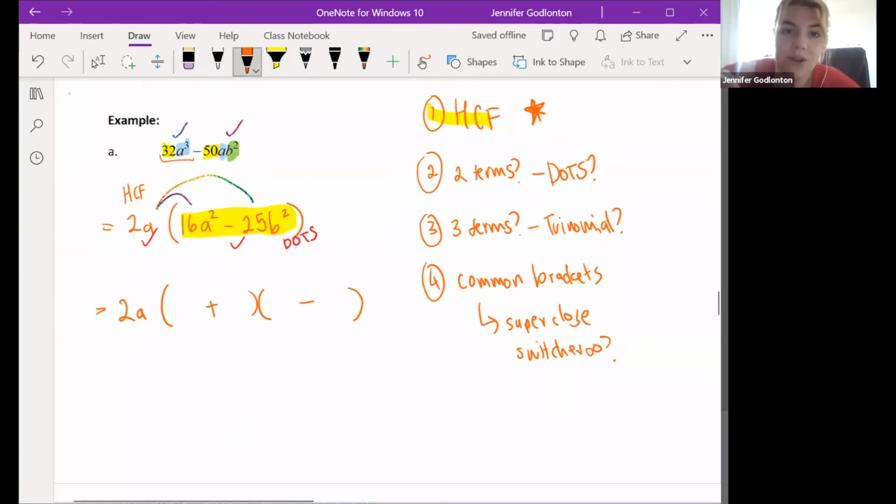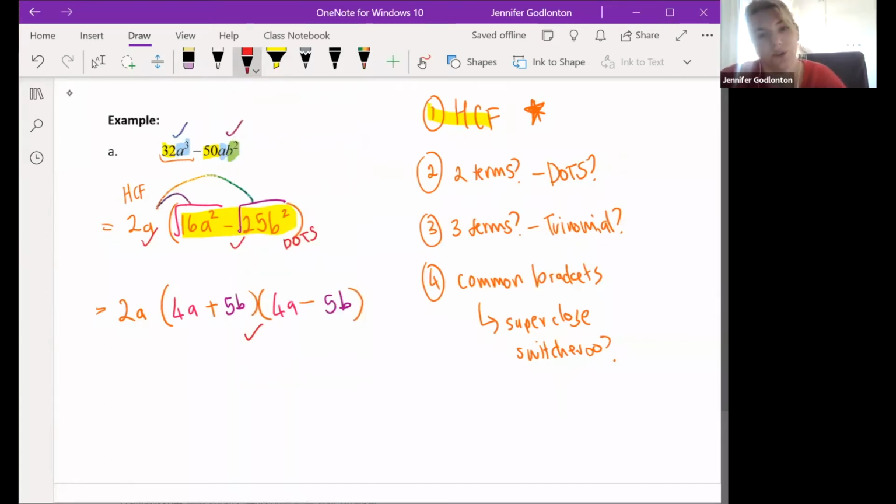We're going to square root our first term. 16a squared square rooted is going to give us 4a. That's going to go at the top of both of those brackets. And then we're going to square root 25b squared, which is going to be 5b. And that's going to go over there. We're going to get 1 more mark for those 2 brackets. So this question would be out of 3 marks.